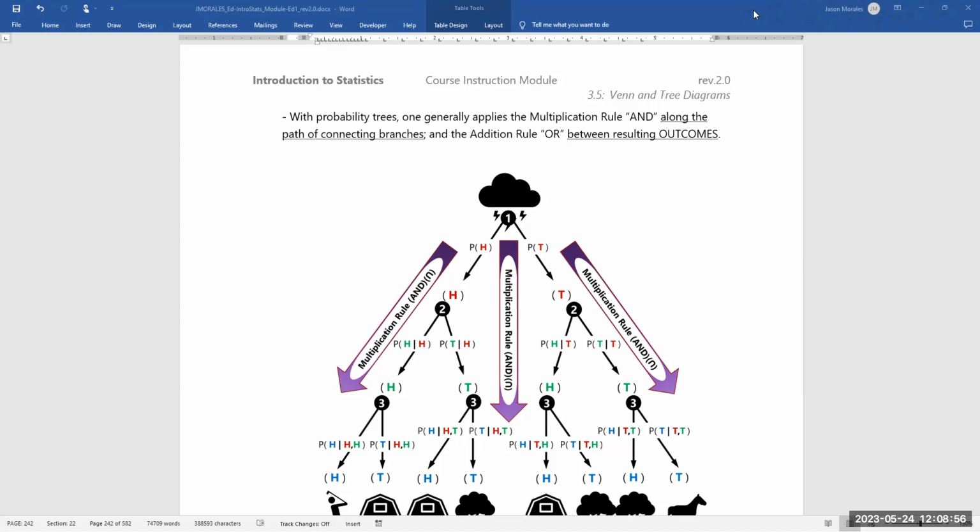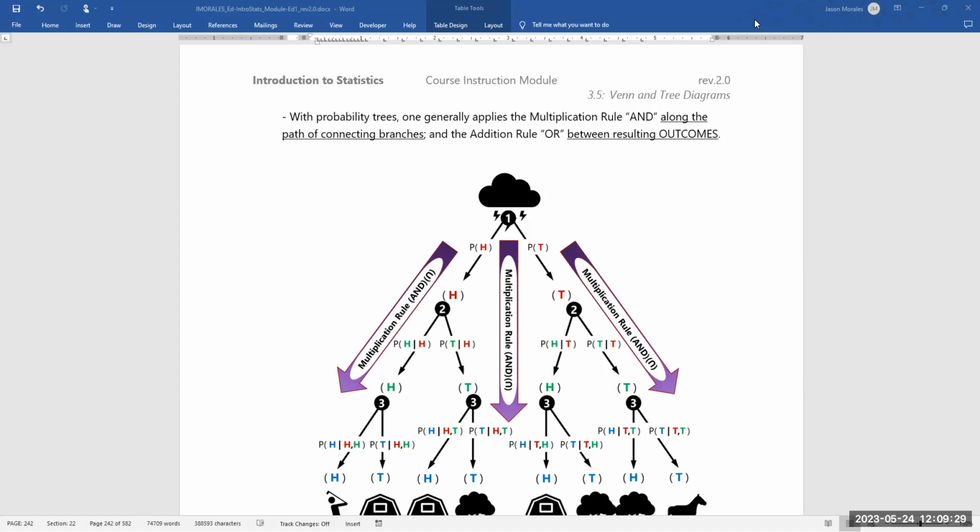In calculating probabilities of multiple events across multiple experiments, there are two basic rules: the multiplication rule and the addition rule. Both are included in this tree diagram so that these abstract ideas about multiplying and adding probabilities can now be seen in a concrete sense on the page. So let's begin.